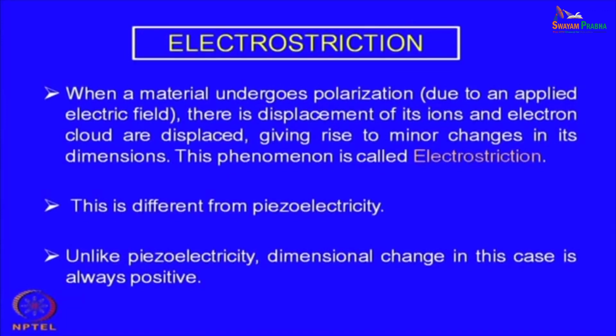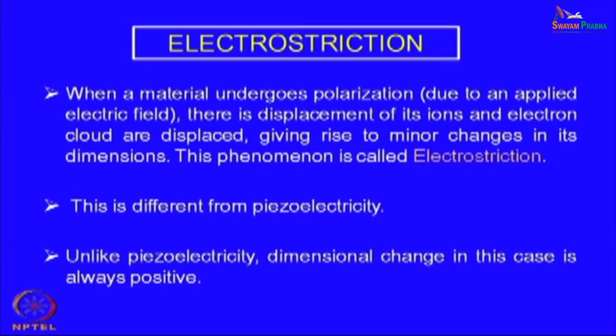When a material undergoes polarization due to an applied electric field, there is a displacement of its ions and electron clouds, giving rise to minor changes in its dimension. So, there is a lattice change and therefore, any polarization ultimately leads to a dimensional change. This phenomenon is called electrostriction.